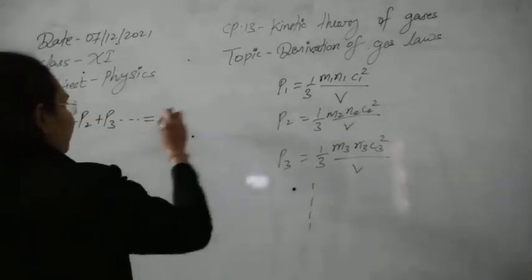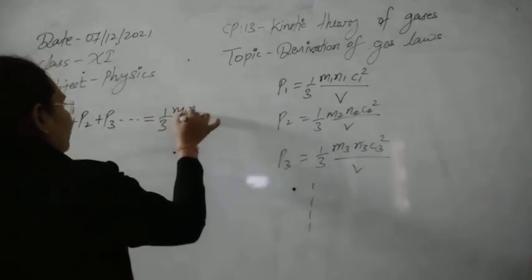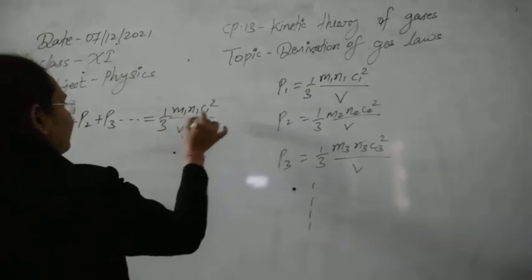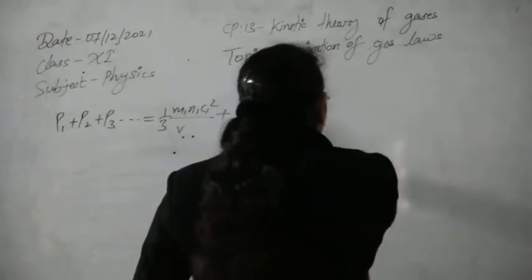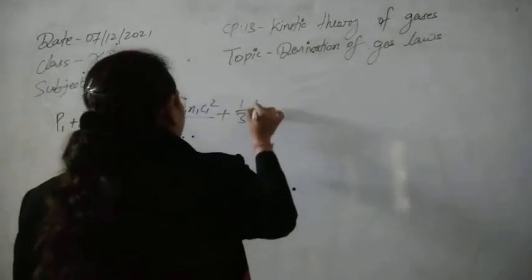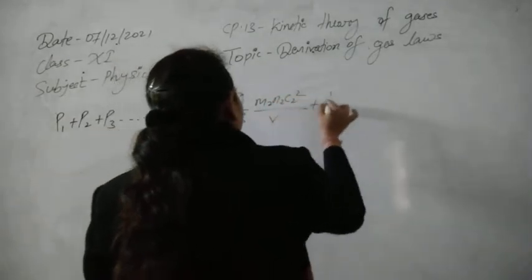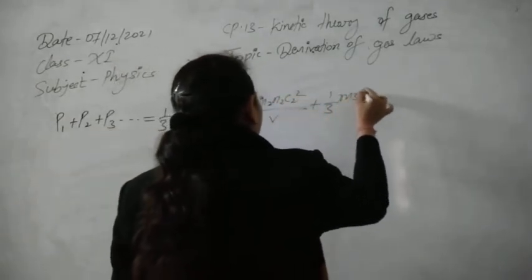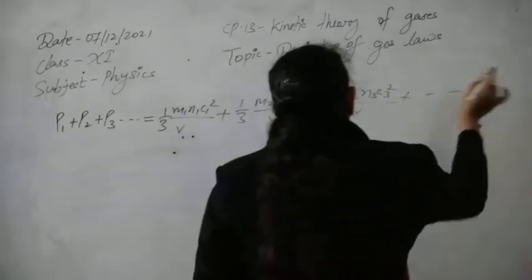The value of P1 is 1 by 3 m1 N1 c1 square upon V. Similarly, we have the values of P2 and P3. Let's use all these values here: plus 1 by 3 m2 N2 c2 square upon V plus 1 by 3 m3 N3 c3 square upon V, and so on.